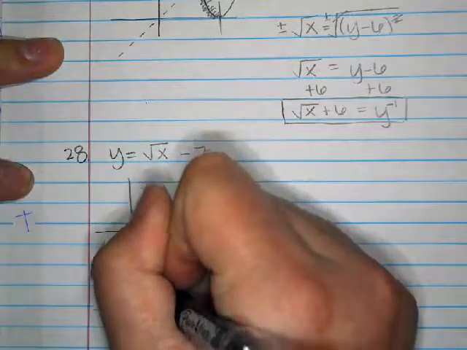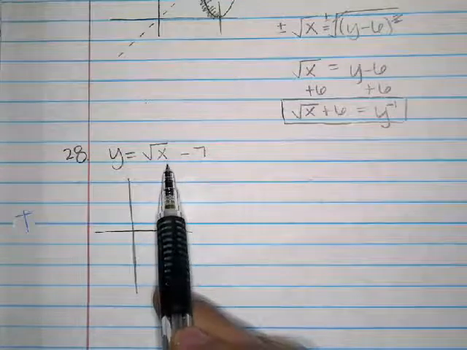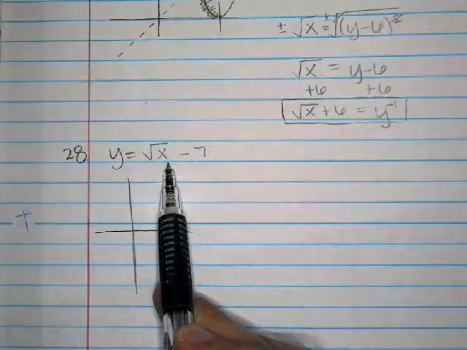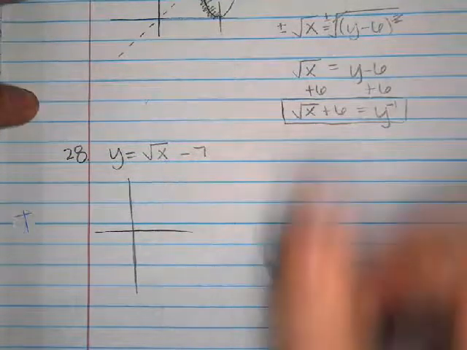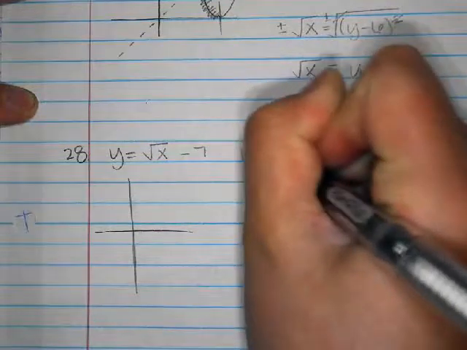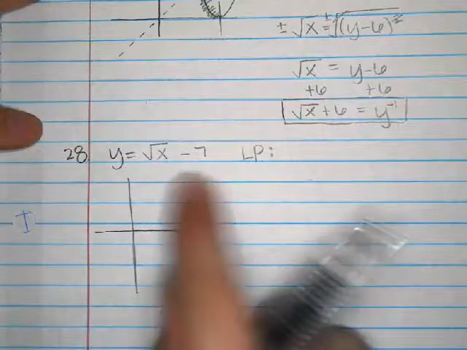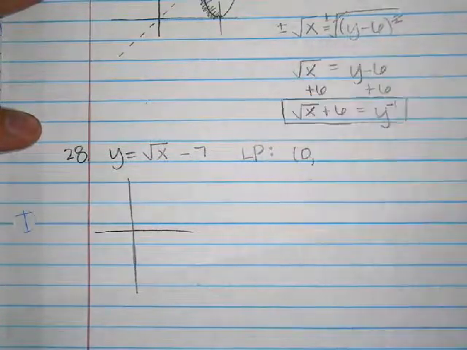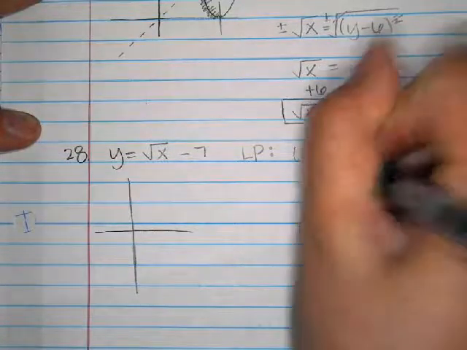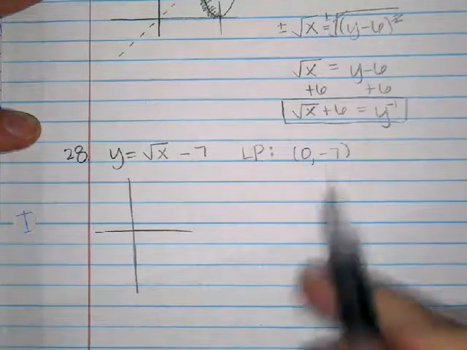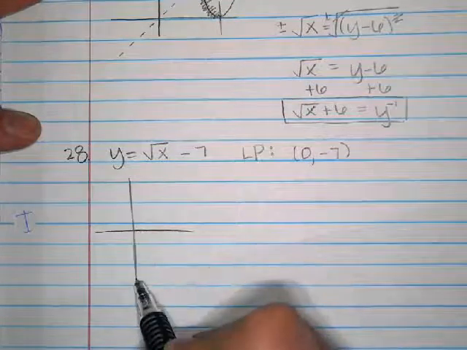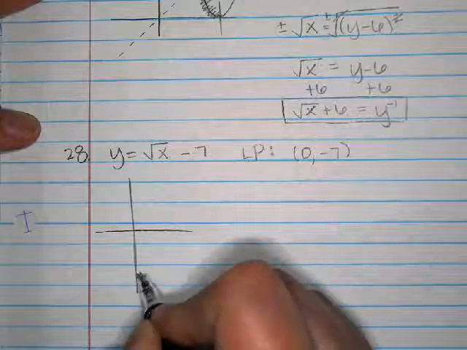It doesn't have a vertex, right? It has a locator point. So what is the locator point of this equation? 0, negative 7, okay. So this graph has gone down 7, and then it looks like this, okay.